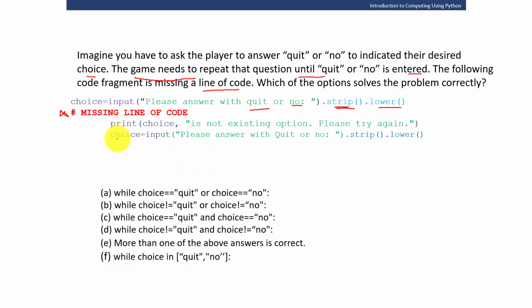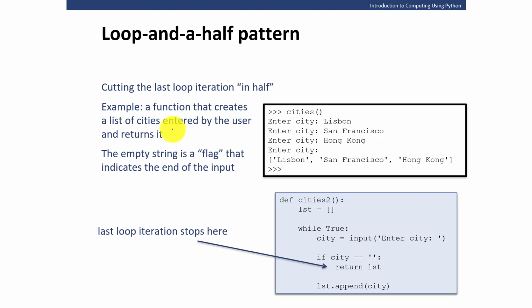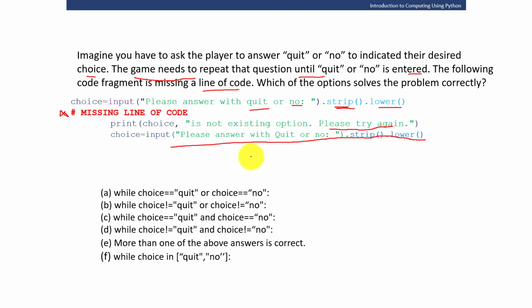So here we have to check something, and then we'll print the choice, and is not an existing option, please try again, and it will ask the user again and again. So as you can see, this is an implementation of a loop and a half pattern.